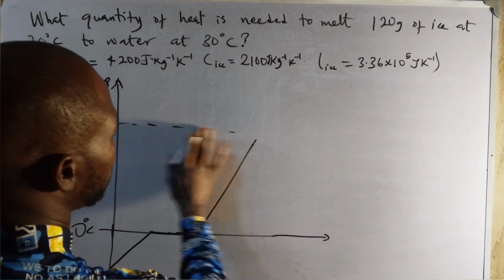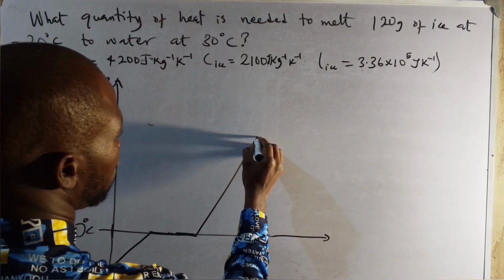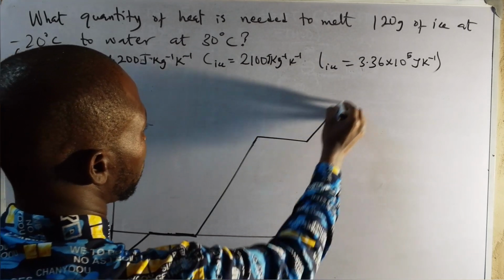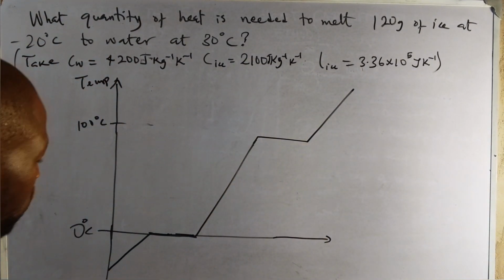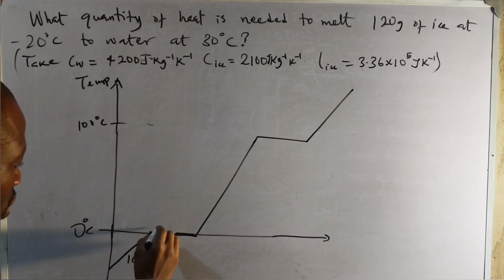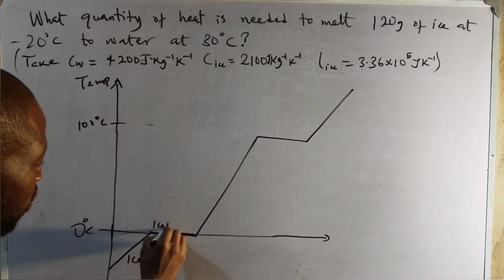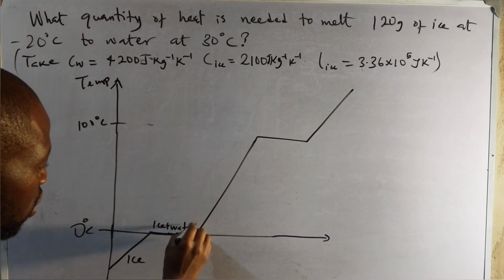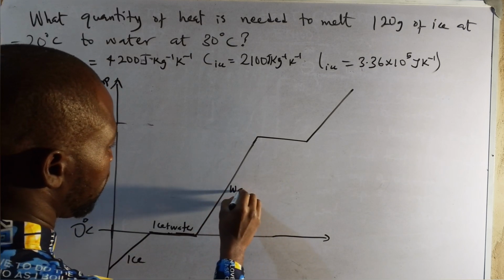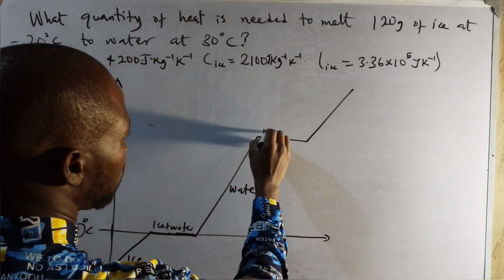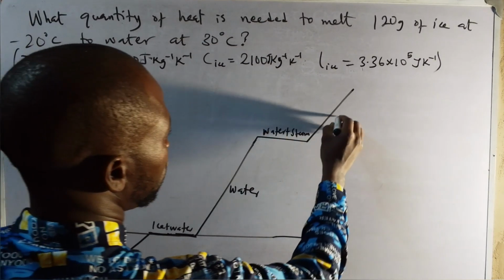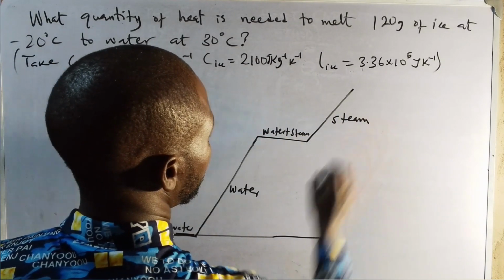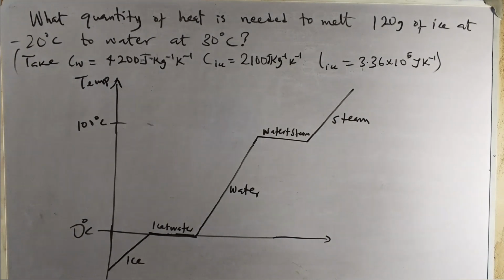At 100, it goes this way and then goes up. Above 100 is steam. So it's ice here. This is ice plus water. This is water. This is water plus steam. This is steam. Now, what do we mean?